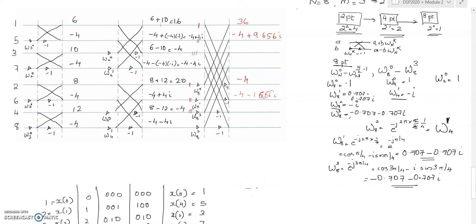It will be -4 plus the signal there, which is -4, and the twiddle factor is W82, which is -i. So this will be -4 plus 4i, and this will be -4 minus 4i.